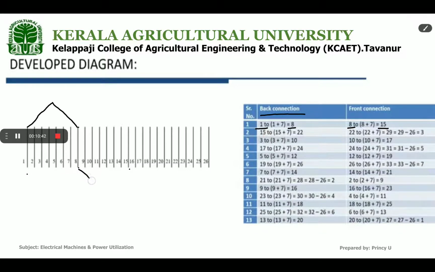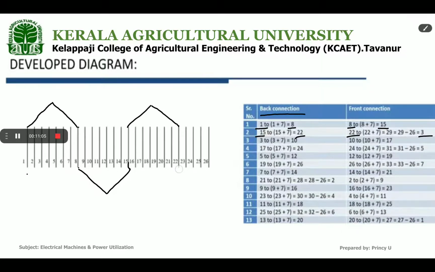The front connection will always be drawn on the lower side. Okay, 8 to 15. Now from 15 to 22, 15 to 22. Then from 22 to the third conductor.